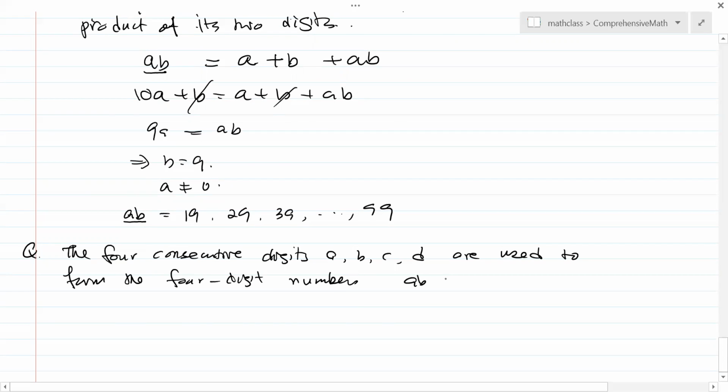ABCD bar, I put the bar there because it's not a product, and DCBA bar. What is the greatest common divisor of all such numbers?